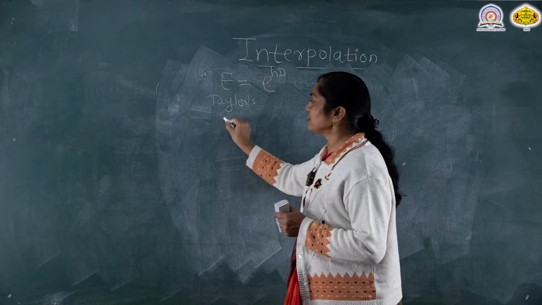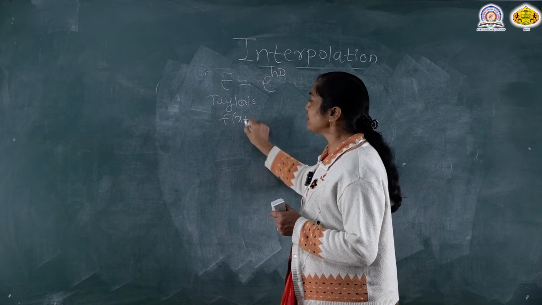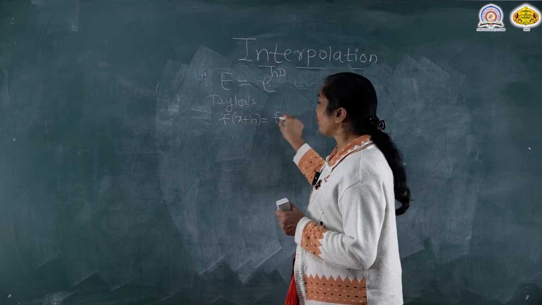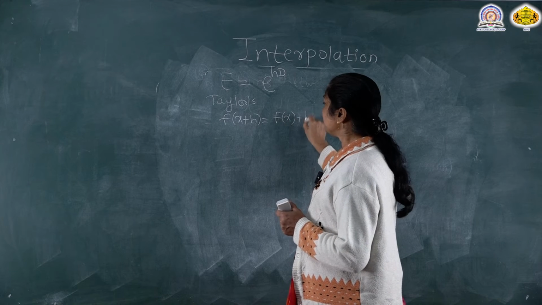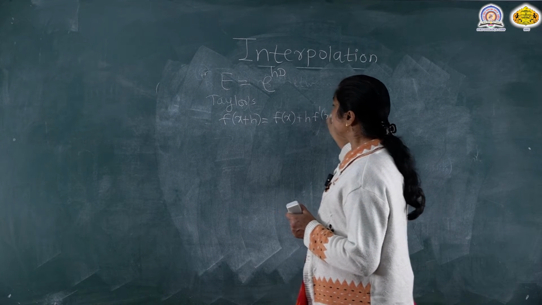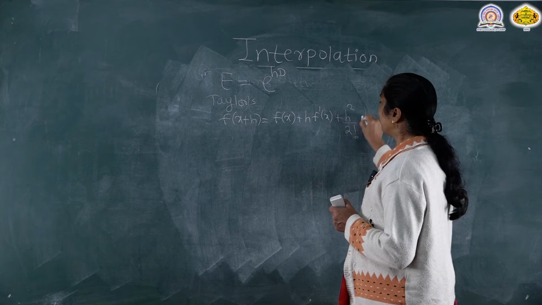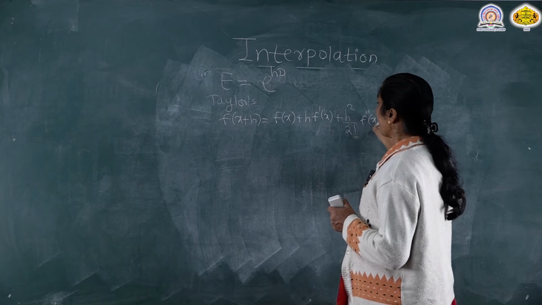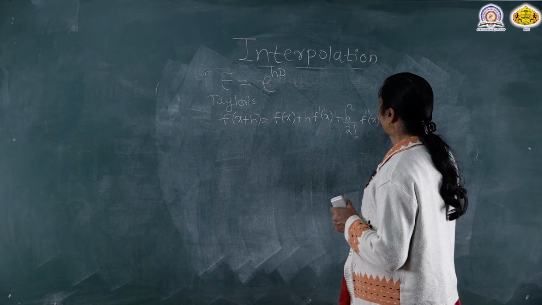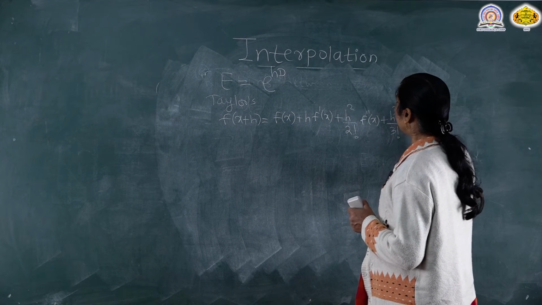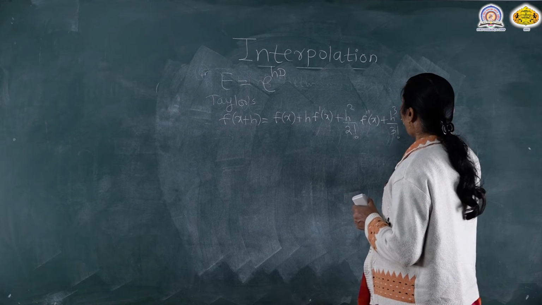What is Taylor's series? We have f of x plus h is equal to f of x plus h f dash x plus h square by 2 factorial f double dash x plus h cube by 3 factorial f triple dash x, and so on.